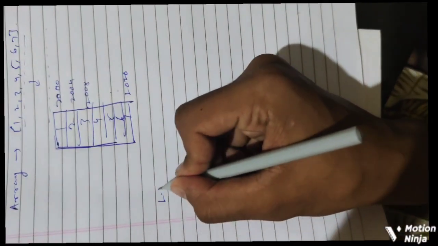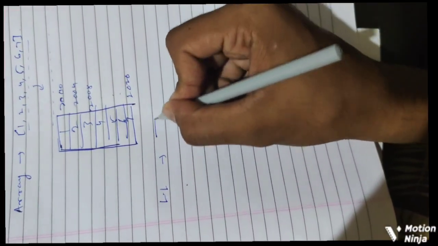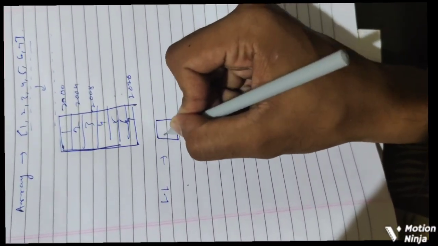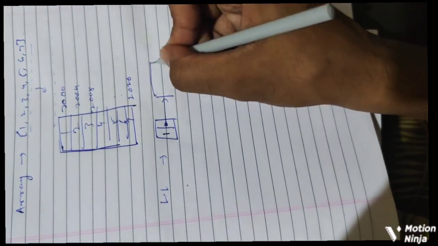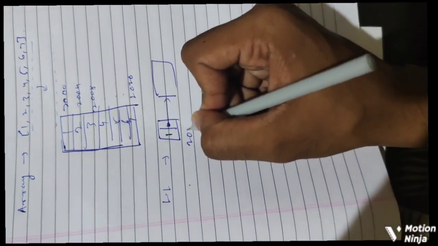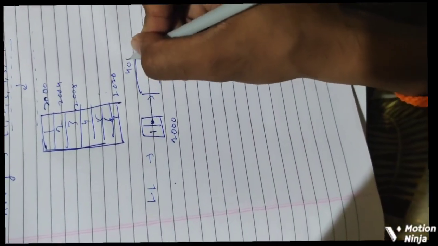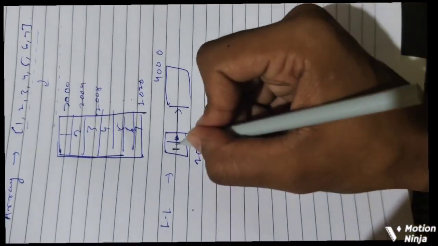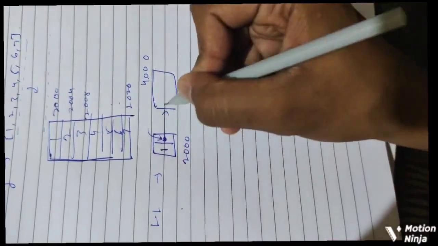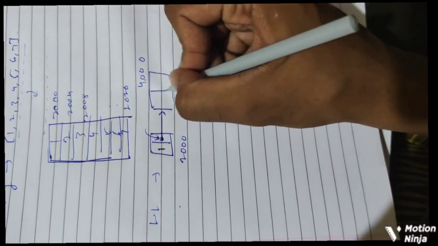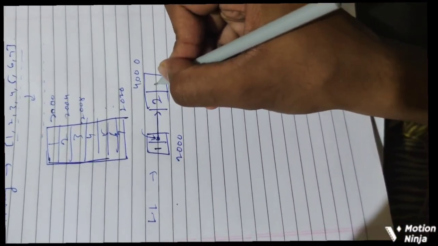But in a data structure like a linked list, we can first create the header node with element 1 and then use its pointer to point to any memory location. This may be 2000 and this may be 4000, it doesn't matter. We just give the address of this location to this pointer and link them both, and we can store the element 2 there.